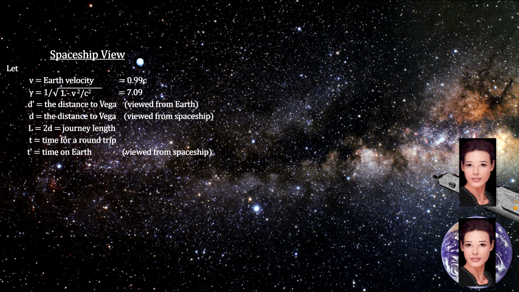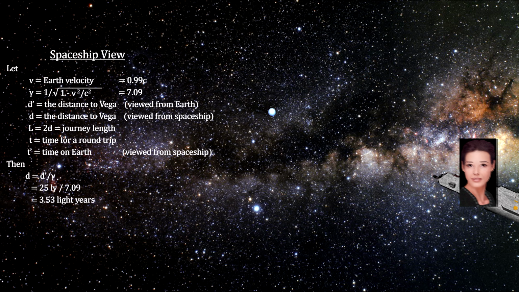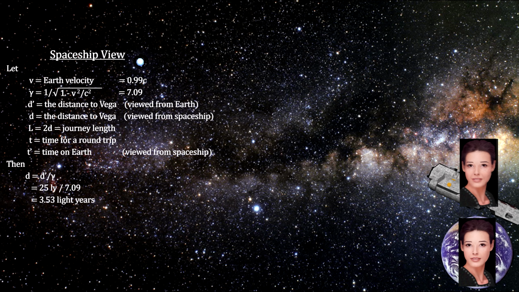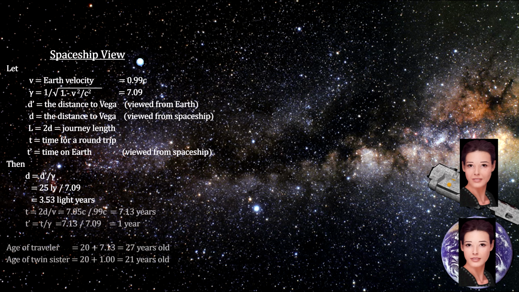And like our cosmic ray muons, she sees the distance to Vega at only 3.5 light years due to space contraction. She also sees the twin on the ground aging slower than her over the 7-year journey. By her observations, her sister will be only 1 year older on her return due to time dilation. That's 6 years younger than she is, not 27 years older.